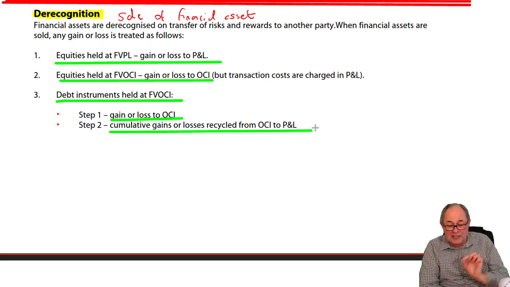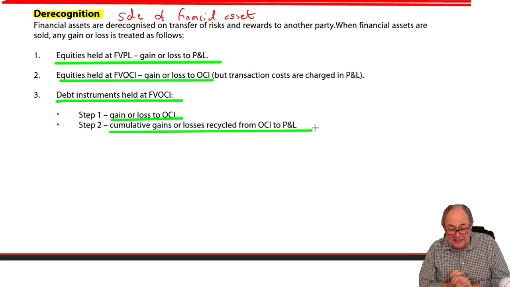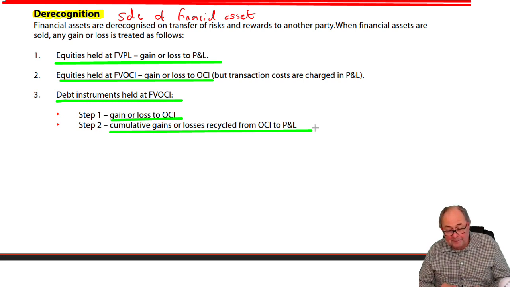The main message, the main thing to appreciate is that if something is designated fair value through P&L, gain or loss on disposal will end up in the P&L. If something's designated fair value through OCI, well, the principal gain or loss will end up in OCI. So there we go. There are the derecognition.